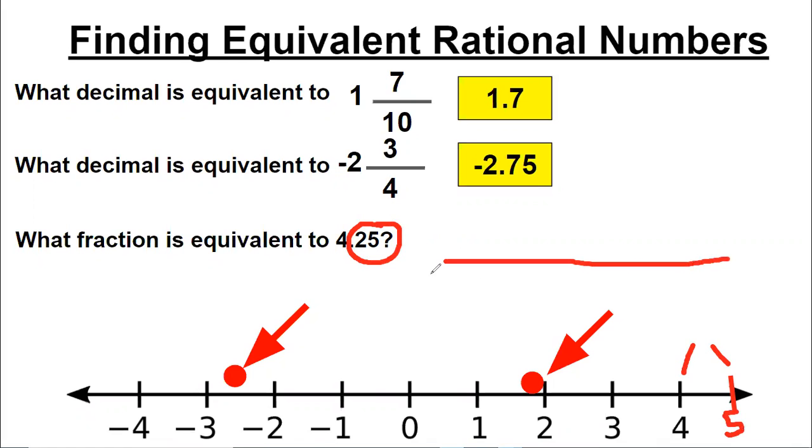So this would be our 4. This would be our 5. And let's put our little marks here by 4 and by 5. There's 1/4, 2/4, and 3/4. So this is going to be 4.25. That's the first quarter. The next quarter would be 4.50 or 4.5. And then 4 point, how much is 3/4 worth? Yes, 75 cents.